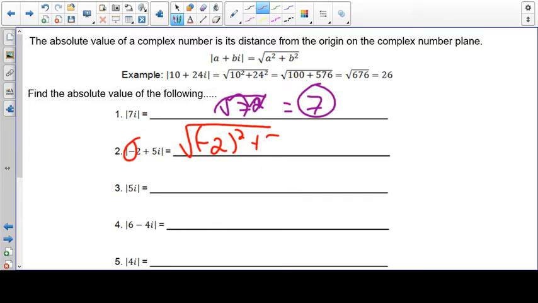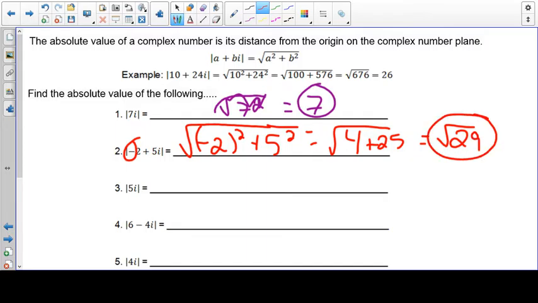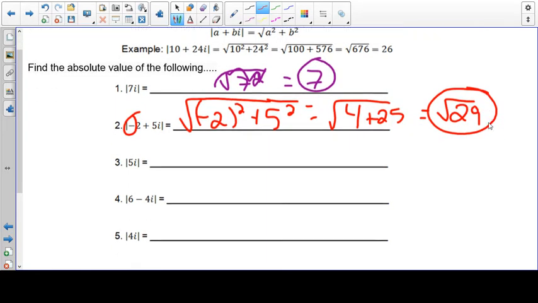So what I like to do is I just turn them all into positive numbers because then I can go ahead and just do the correct operations there. So I have negative 2 times negative 2, which is 4, plus 5 times 5, which is 25, which is just 29. And 29 doesn't break down.